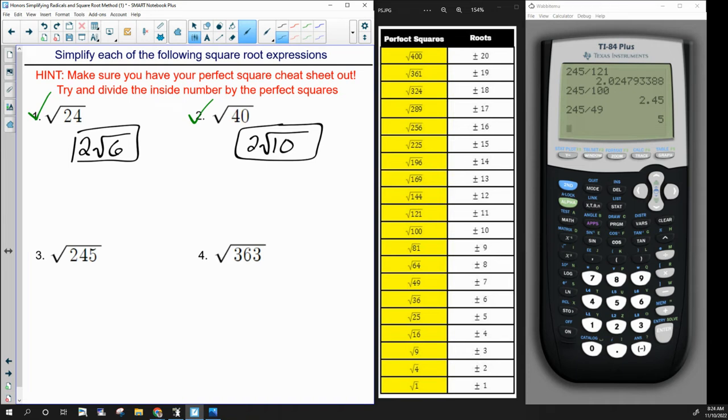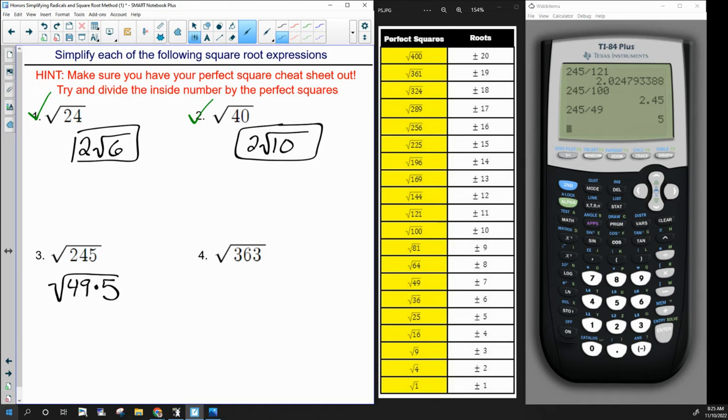So we're going to write the same thing but in a different way. So instead of 245, I can write this as 49 times 5. 49 times 5 is 245. So I haven't changed my problem at all.